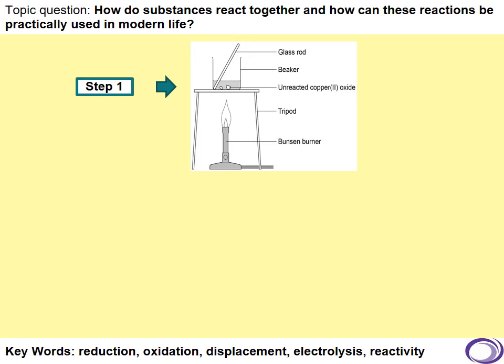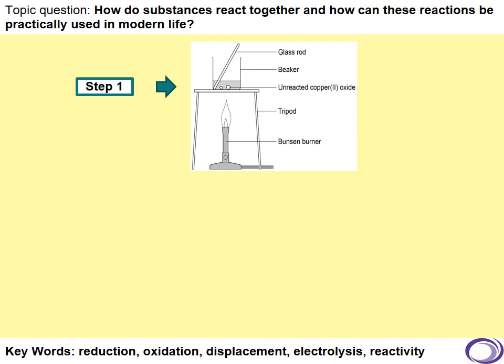So for example, we might use sulfuric acid, and what we do is we add enough copper oxide until it stops reacting, and we know that it stopped reacting because it's in excess and we still have some copper oxide present. We now have all the acid has reacted and we have some unreacted copper oxide, which is a solid.